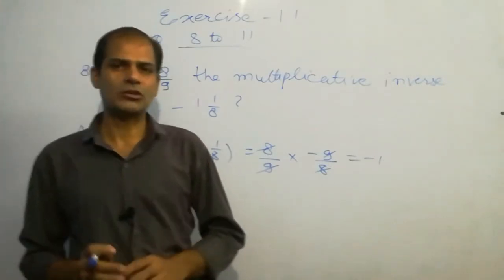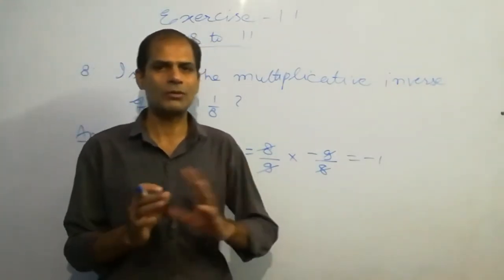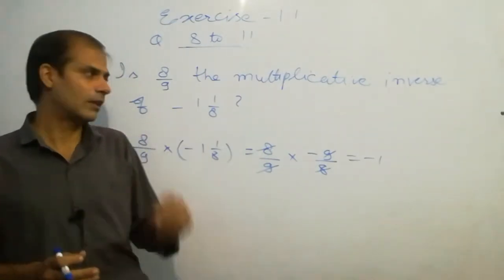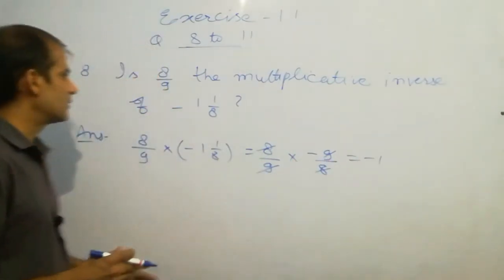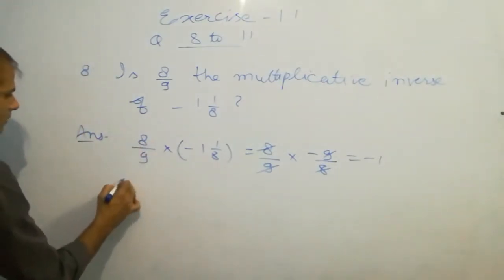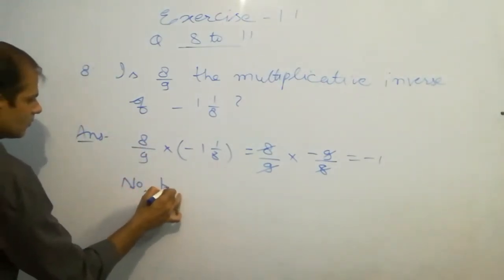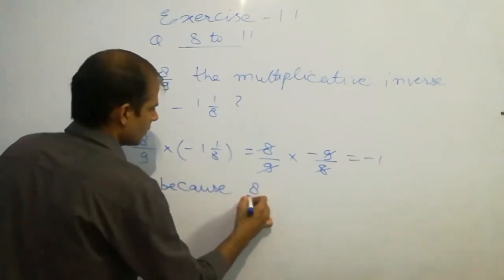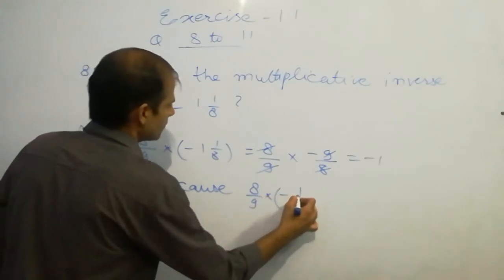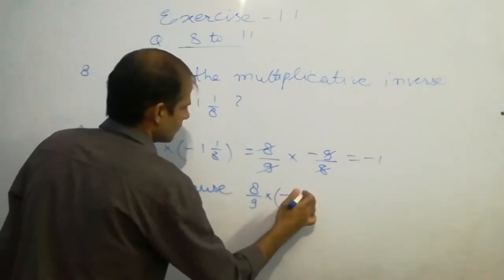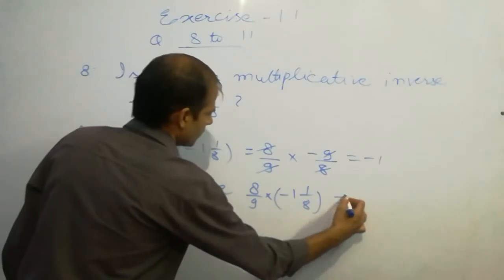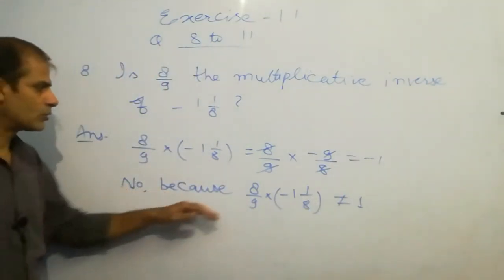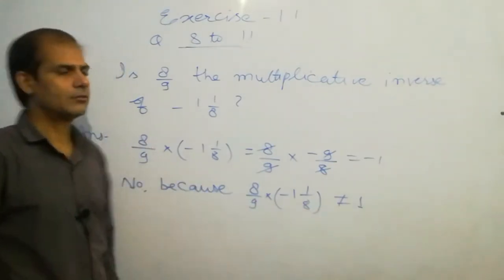Whenever we multiply two numbers and one of them is the multiplicative inverse of the other, the product of both is 1, only 1, not minus 1. It means the answer is no. So we write no, because 8 upon 9 into minus 1 and 1 upon 8 is not equal to 1, or you can say no because their product is not equal to 1. So this is the answer.